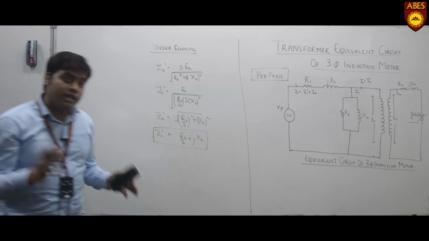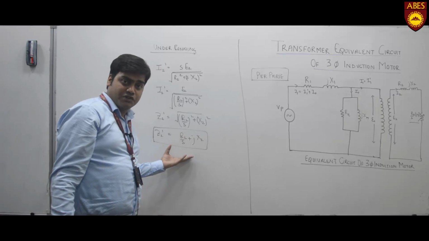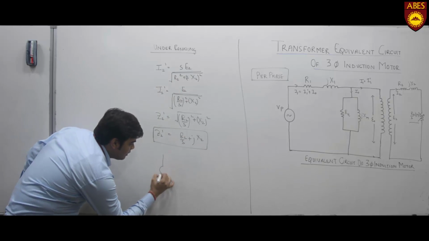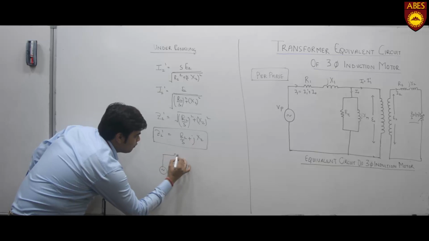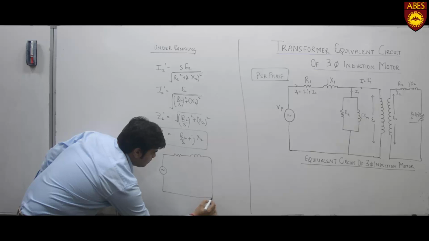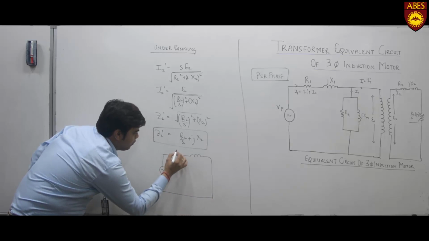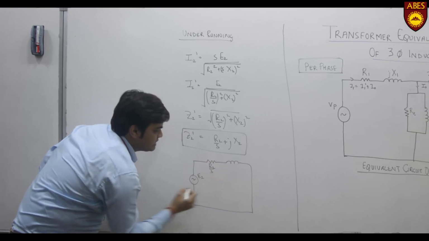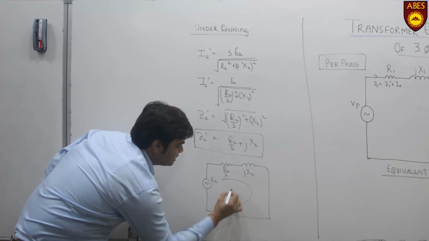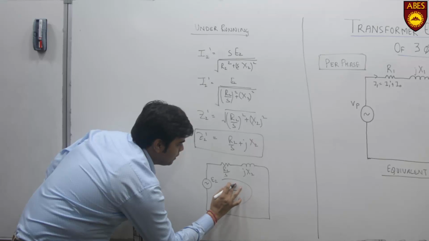If I want to draw the equivalent circuit of this equation, I'll draw E2 with the impedance R2 by S plus JX2, and this current is I2 dash.